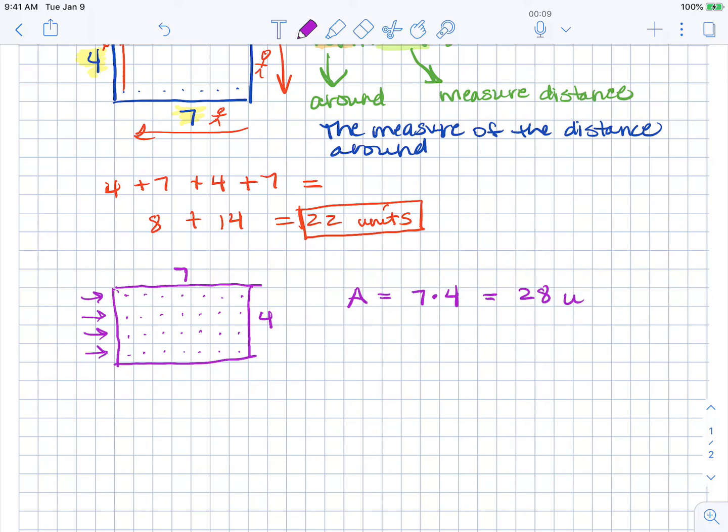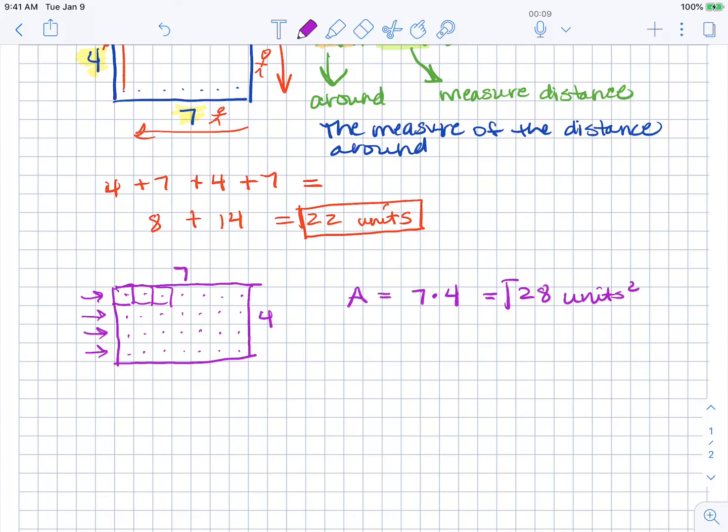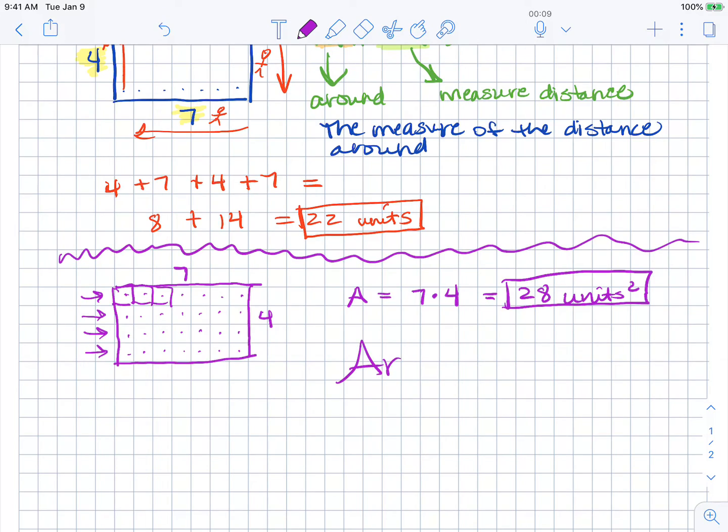And they are squares right inside this area, so they're units squared. So that's how I find my perimeter and my area. So I'm going to do this little squiggly line, right? This is my area.